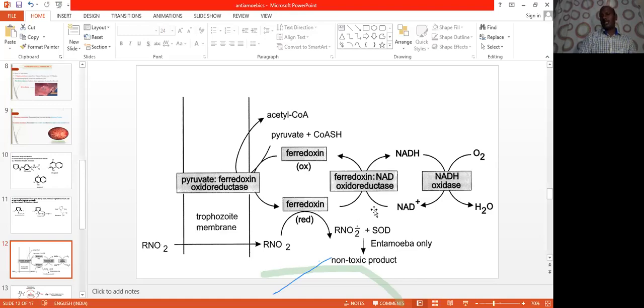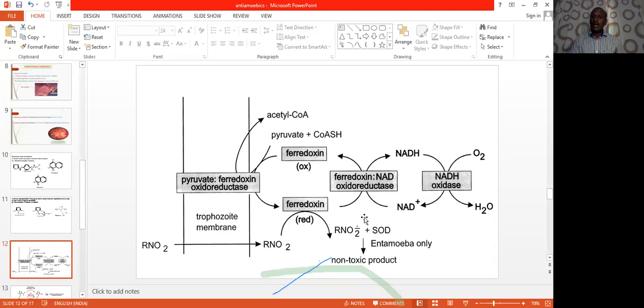And from this, superoxides will be formed, and these superoxides we call reactive oxygen species. RNO2, the nitro group, is converted into nitro radical, and this radical gives you superoxide, and these superoxides are called reactive species, and these reactive species are highly reactive and can damage the DNA.